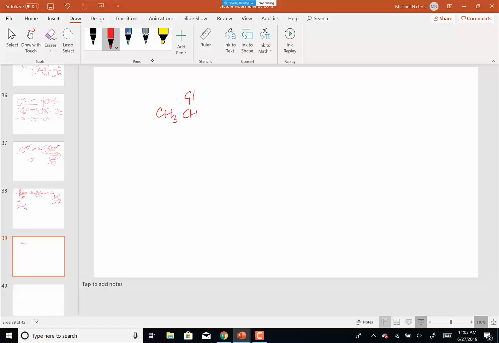So here's 2-chlorobutane. I'm going to do an E1 mechanism on this. How many products do I get? Well, which one is the alpha carbon?